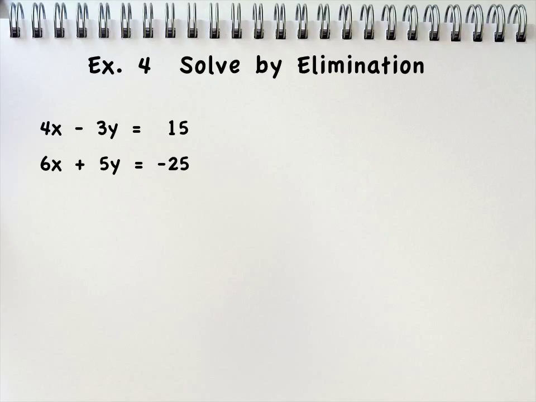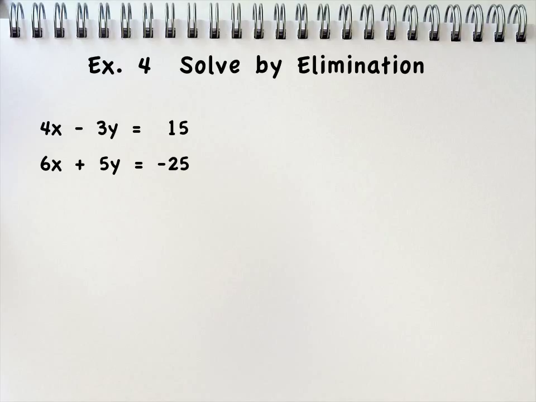Okay, here we have an example where both equations are in standard form. However, there's not one number I can multiply either equation by that will allow me to eliminate one of the variables.